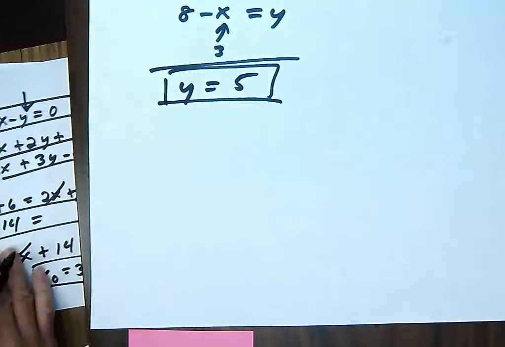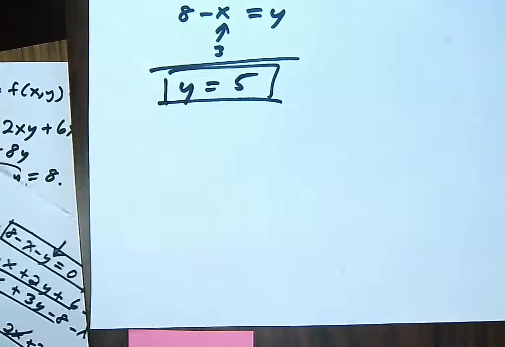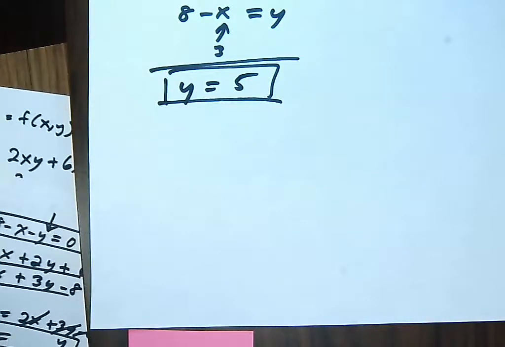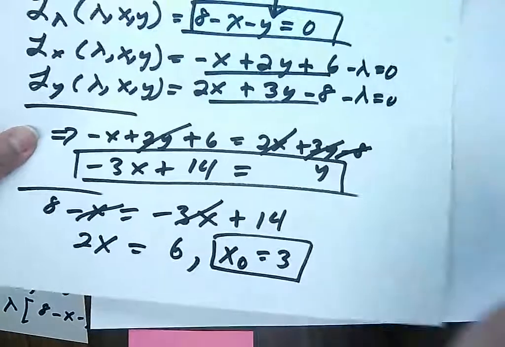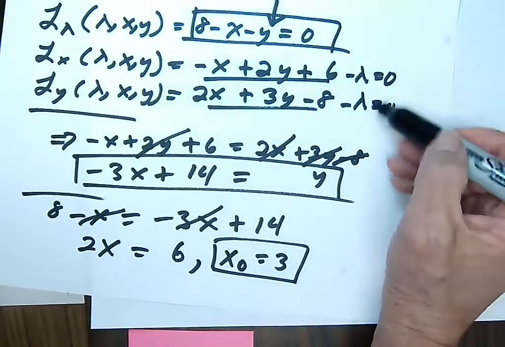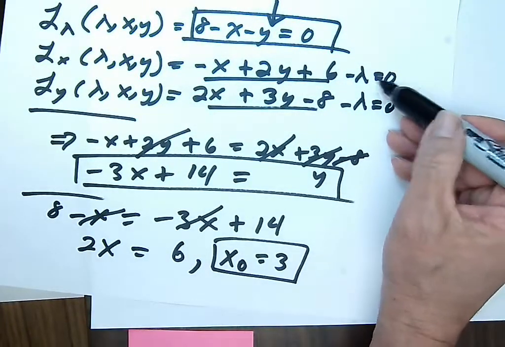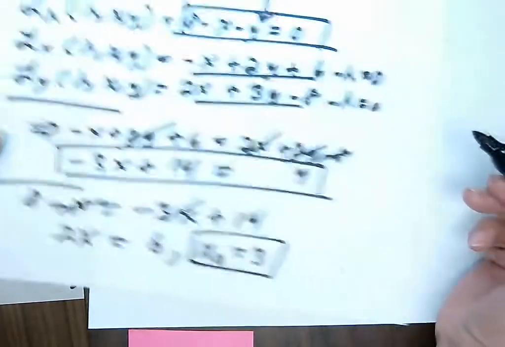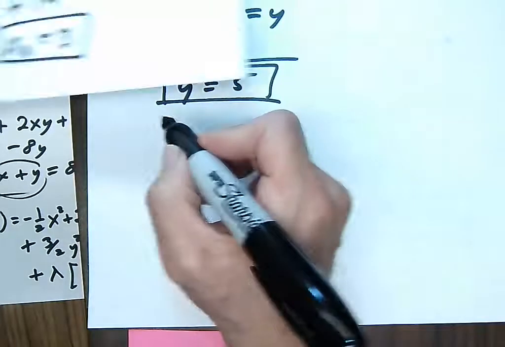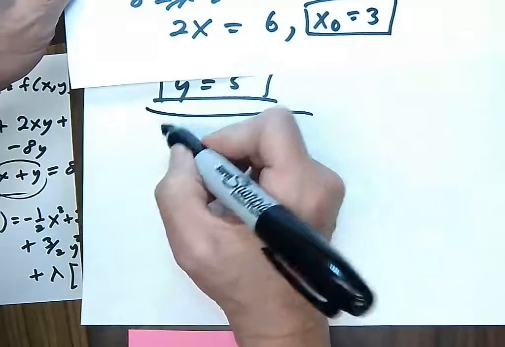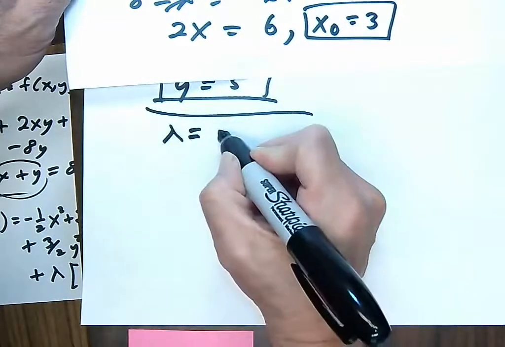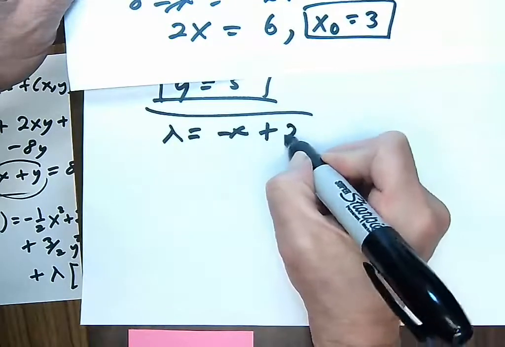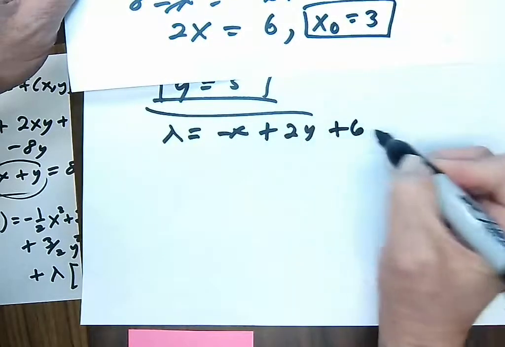We could also solve for lambda, and to do that, we could just go back to our first order necessary conditions and take either of those last 2 first order necessary conditions. And since we move lambda over to the right side, we can solve for lambda in terms of x and y. So let's do that. Let's take our second first order necessary condition, which is lambda is equal to minus x plus 2y plus 6.